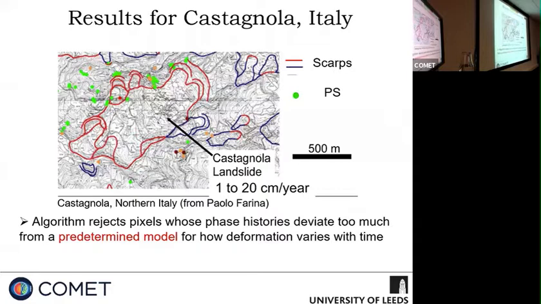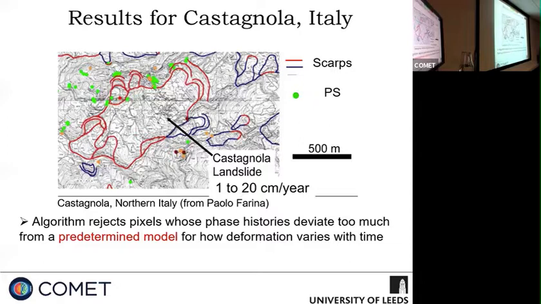In this case, this landslide is stable, then it moves all of a sudden, and it's stable again, then moves all of a sudden. Try to fit a straight line through there. The distance between your points and your straight line becomes too big, and it rejects that point because it doesn't fit your model. So that's another big downside of this method, and probably one of the biggest downsides is that you have to assume a deformation model. That assumption needs to be valid for what you're interested in. So that's important to keep in mind.